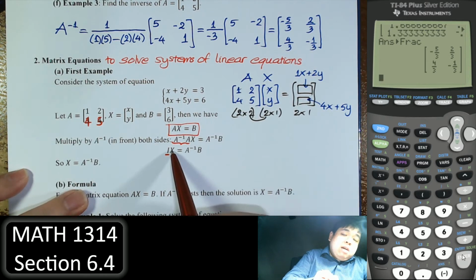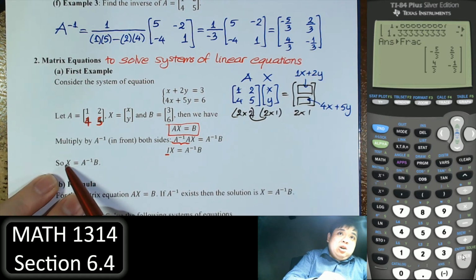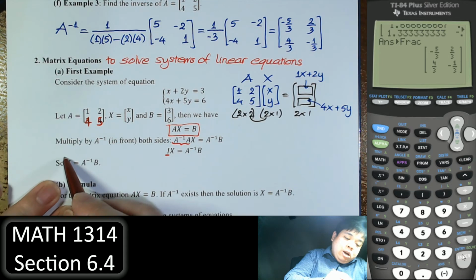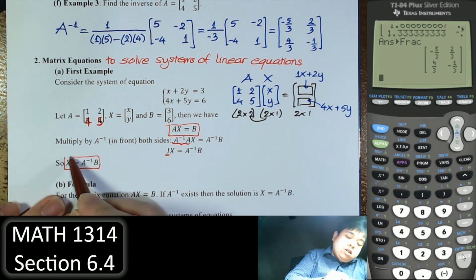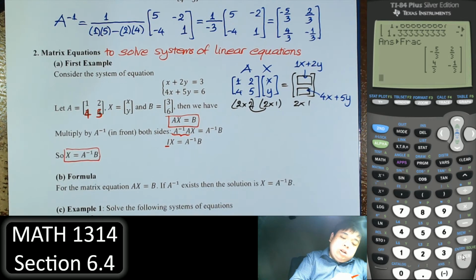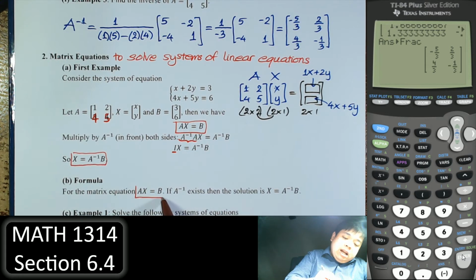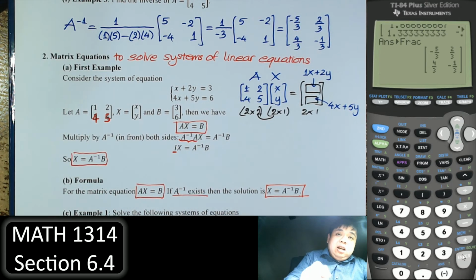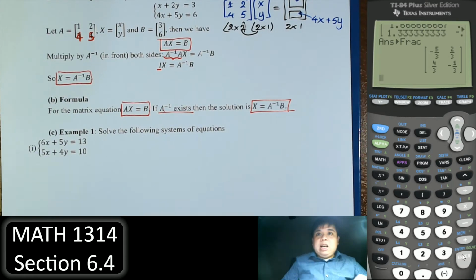Identity matrix times x is going to be just x. So that's why we can say x is equal to A inverse times B. So this is the solution to the matrix equation. So we have this theorem: if A times x equals B, then x is equal to A inverse B, provided A inverse exists. If A inverse does not exist, there's no solution.